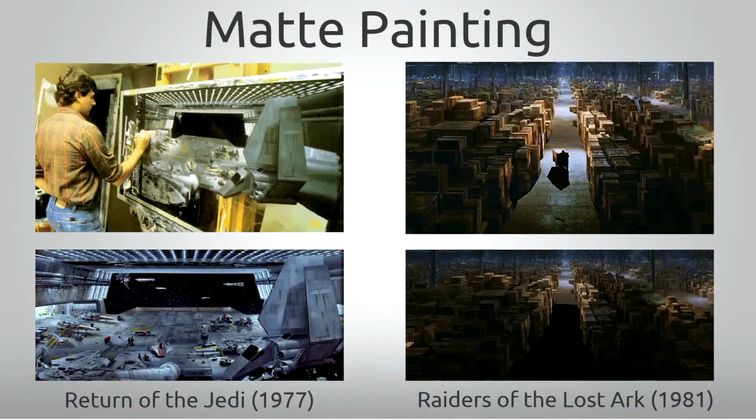Matte painting is also a very well-known technique, and it was used in many movies. I think the most famous ones are in Return of the Jedi and Raiders of the Lost Ark for Indiana Jones. It's interesting because we will see some similarities between all these techniques and what we are using today, and why we are using them.